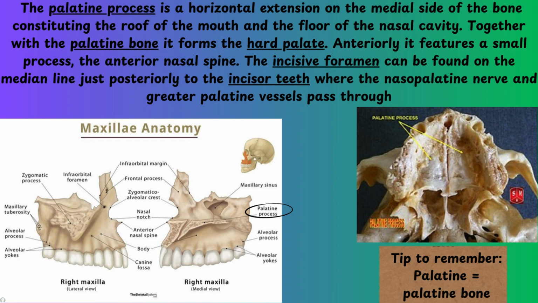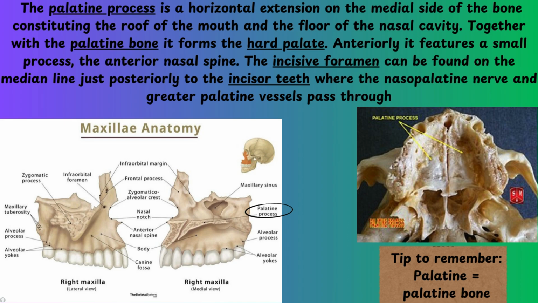Anteriorly, it features a small process, the anterior nasal spine. The incisive foramen can be found on the midline just posterior to the incisor teeth, where the nasopalatine nerve and greater palatine vessels pass through. I will show you a picture in a couple of seconds of the location of the incisive foramen.